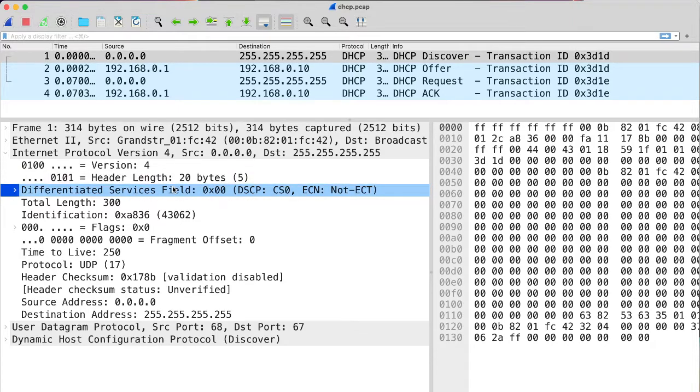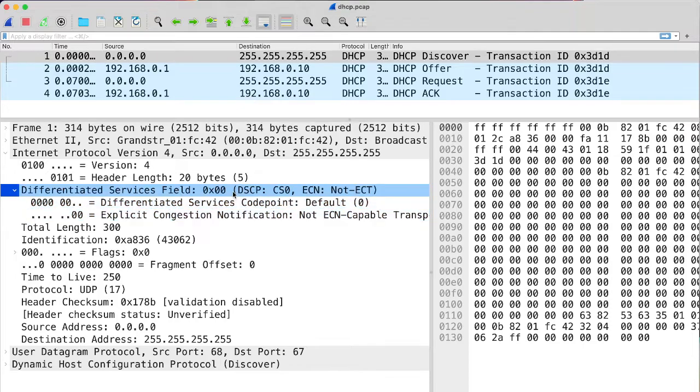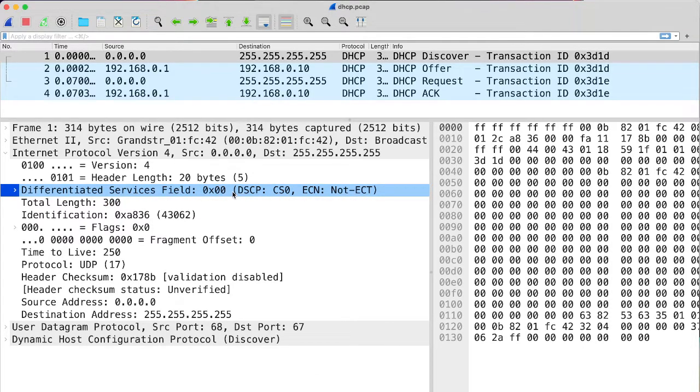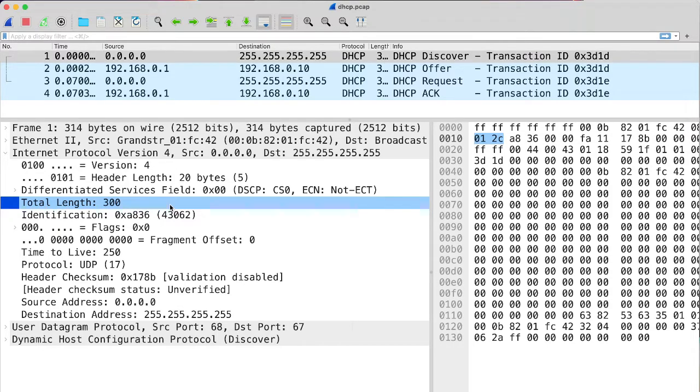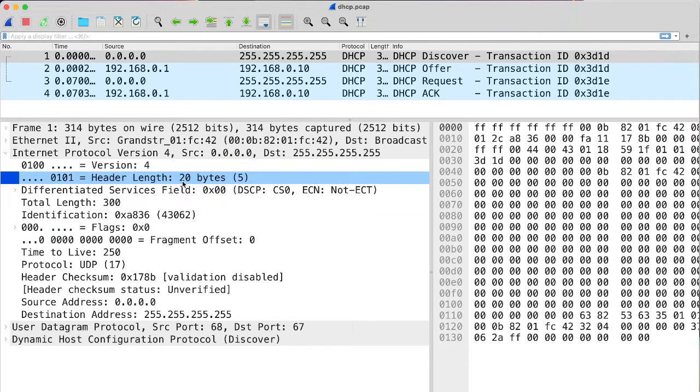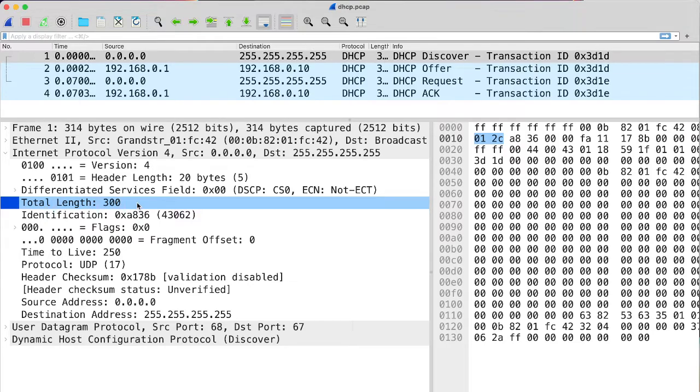Next is the type of service field. We simply use all zeros because currently we don't use this field, because the routers will not help you do TOS service. The next part is the total length, that is the entire datagram size. It is 300 bytes. We have a 20 byte header, and in total a 300 byte datagram, so we have 280 bytes for the layer 4 segment.